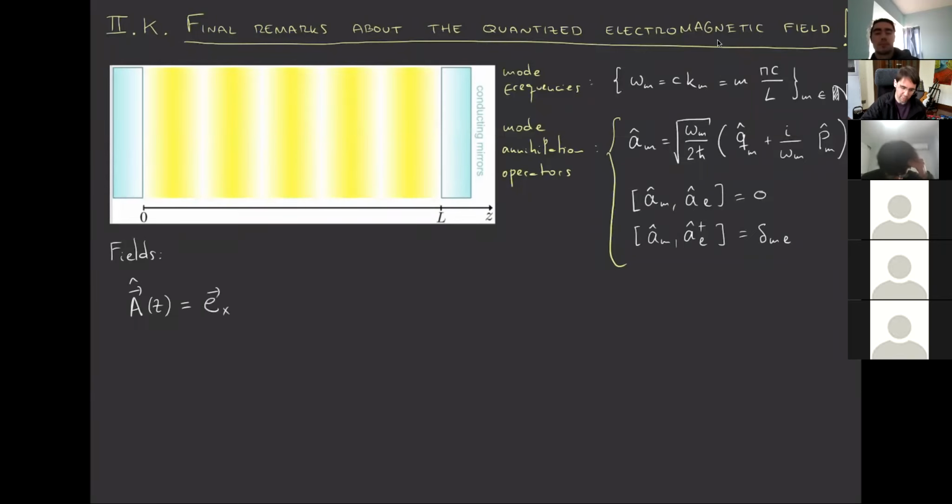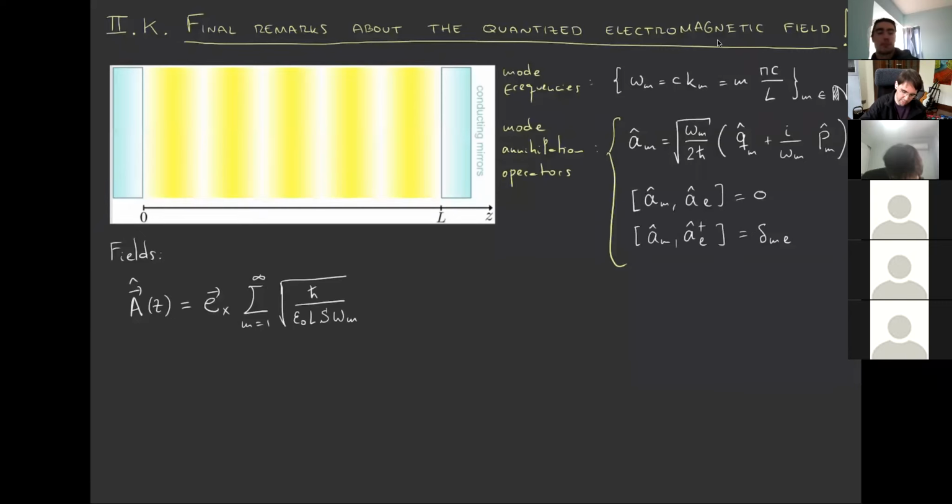First of all, it has some polarization that we chose as X. Then it has a sum over all the possible modes. And then in here, we get a normalization factor or an amplitude, h bar divided by epsilon 0 L S omega m.